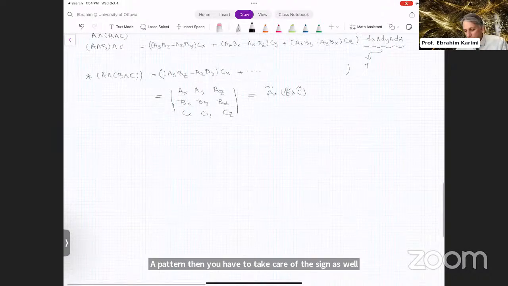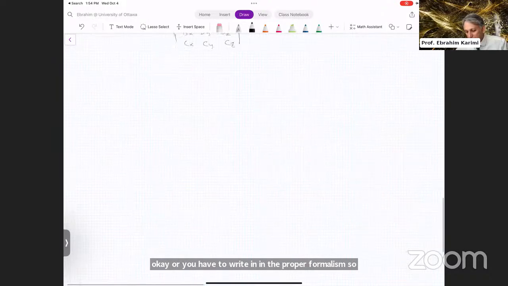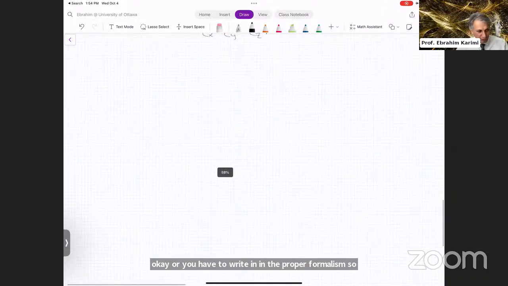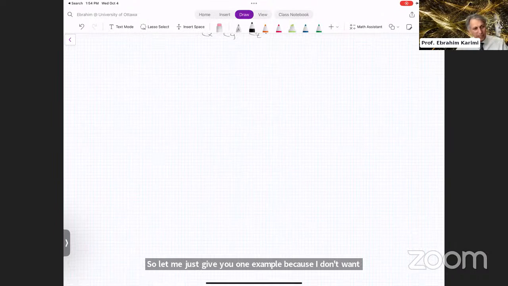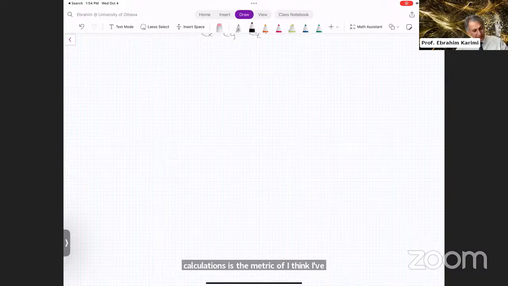So let me give you one example, because I don't want you to get confused before going to the differential calculations. It is the metric of the Minkowski space.